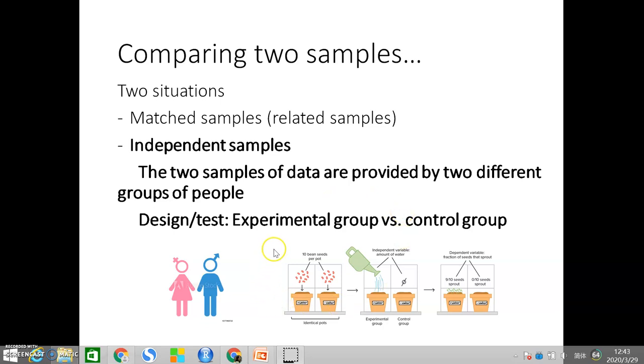Let me give you a concrete example. Let's say we want to compare the weight between men and women. So we are going to measure a group of men's weight. This is our group A, and then we are going to measure a group of women's weight.